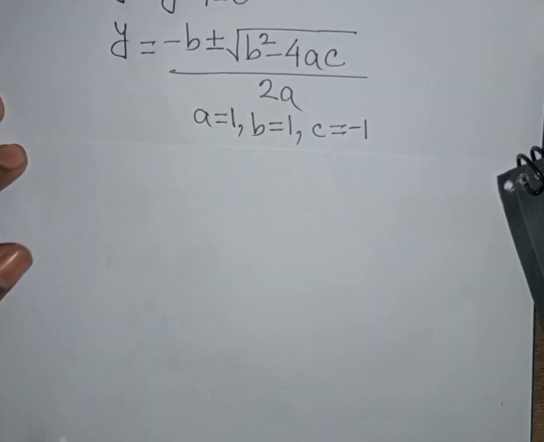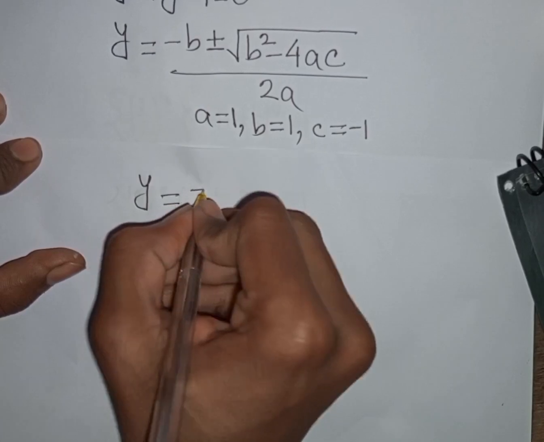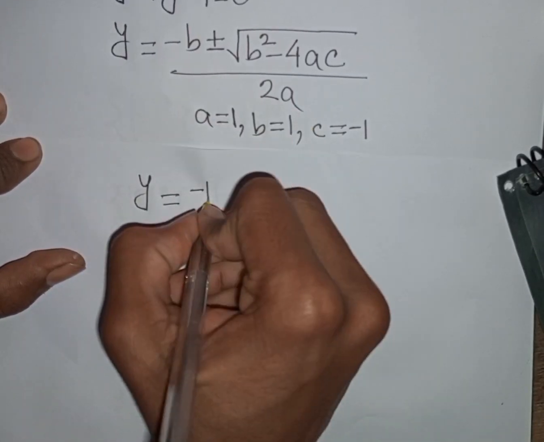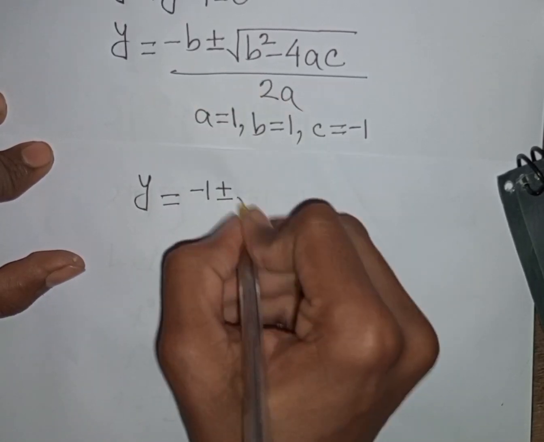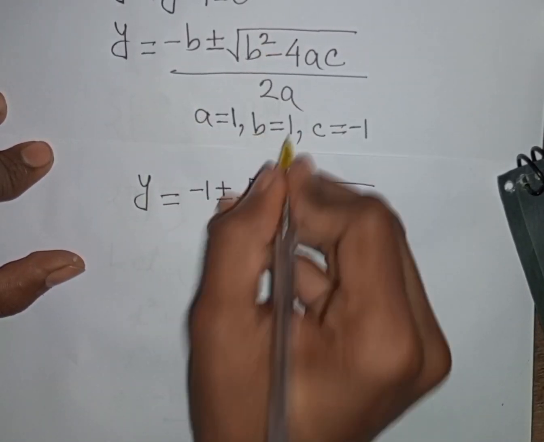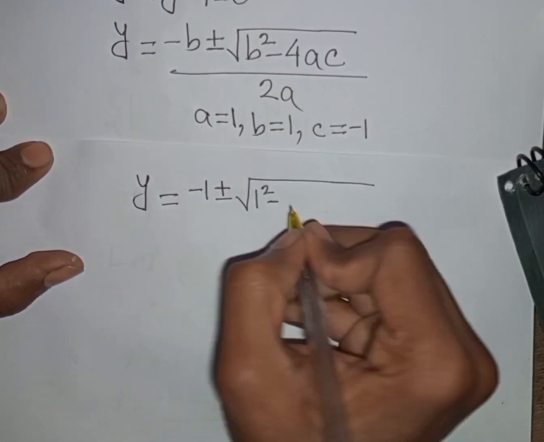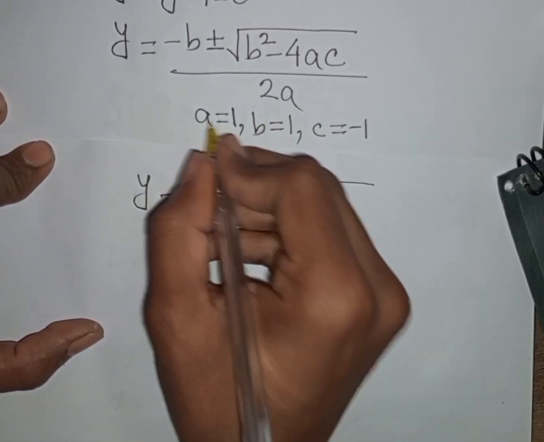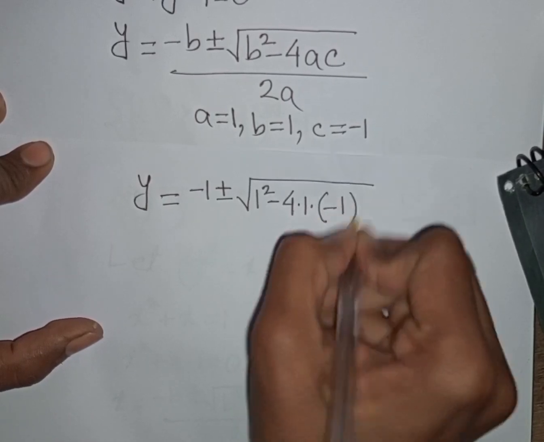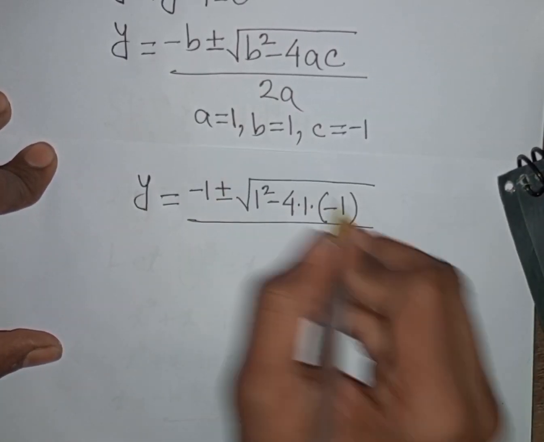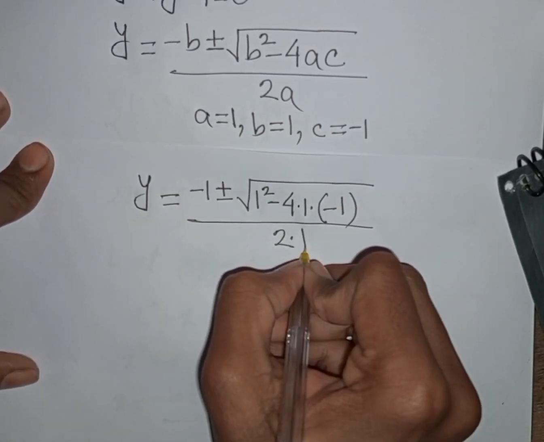Now y is equal to minus b, that means minus 1, plus or minus square root of b squared, that means 1 squared, minus 4 times a, that means 1, times c, that means negative 1, divided by 2 times a, that means 1.